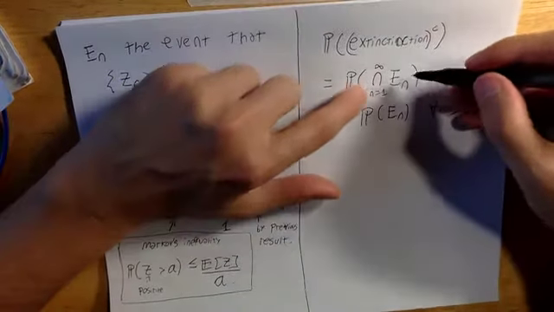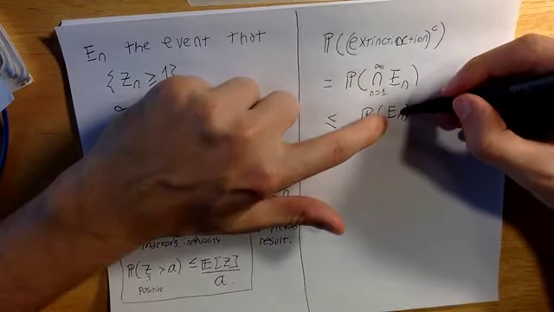The intersection of all of them is smaller than one of the particular events.